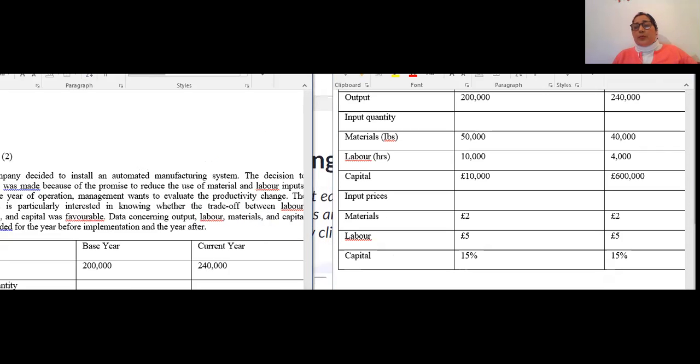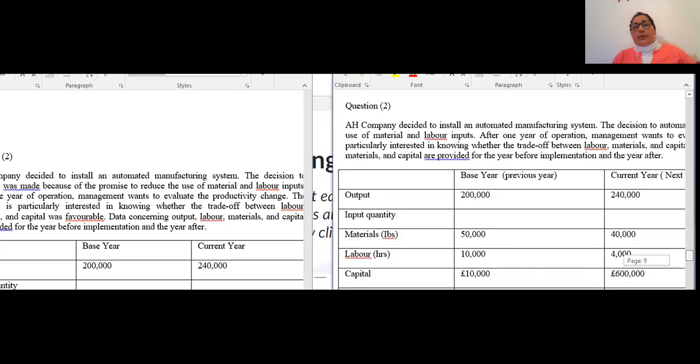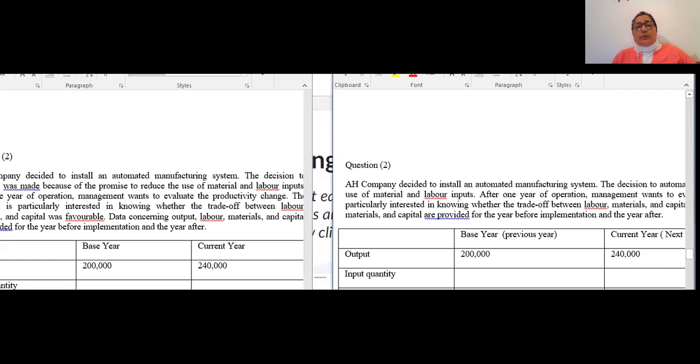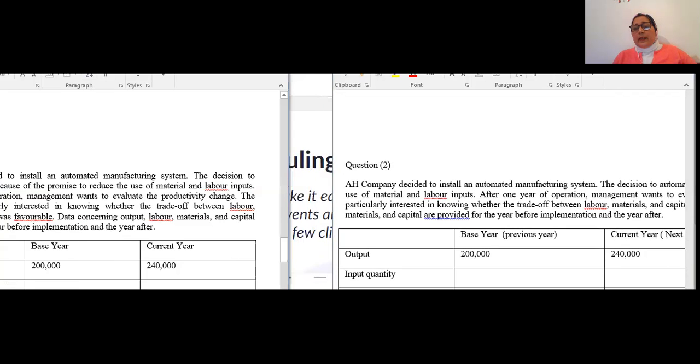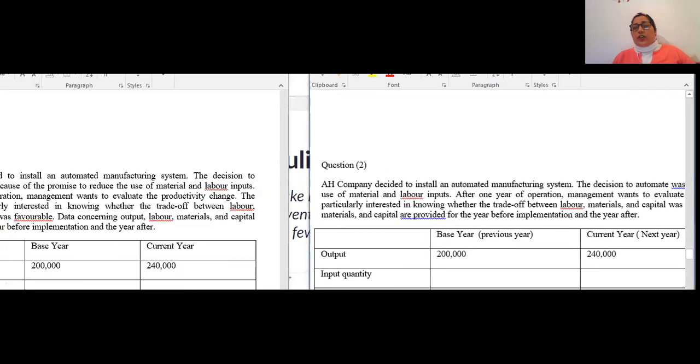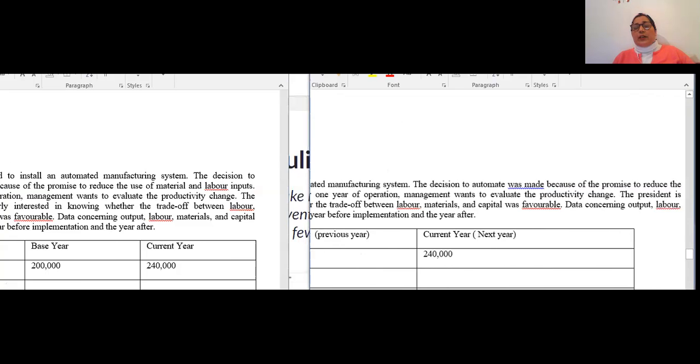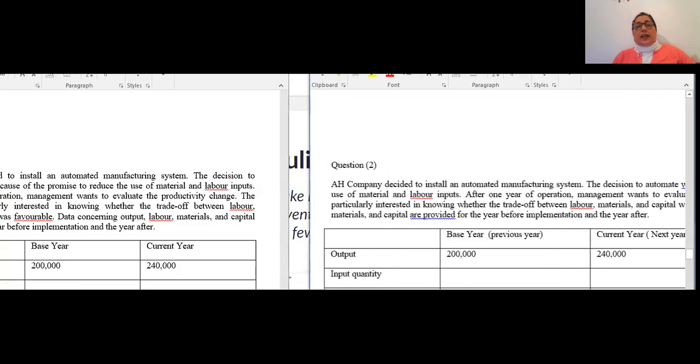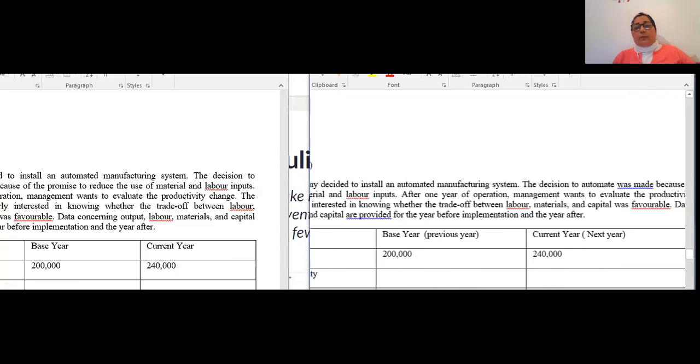In the second question, let me have a look here so we can read this more clearly. It says: AH company decided to install an automated manufacturing system. The decision to automate was made because of the promise to reduce the use of material and labor inputs.